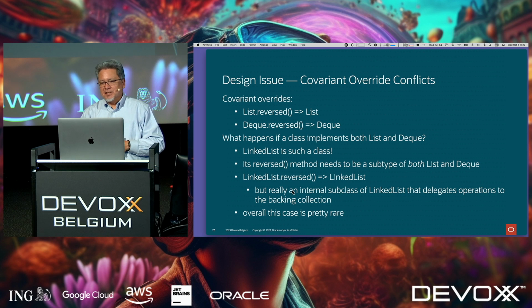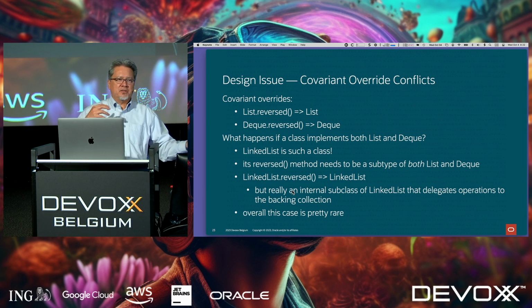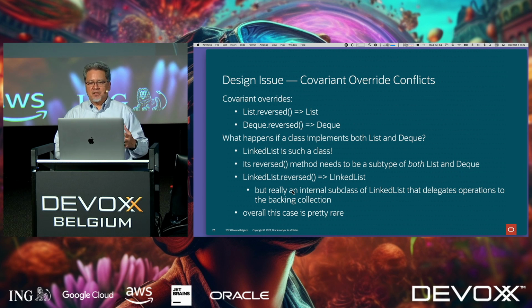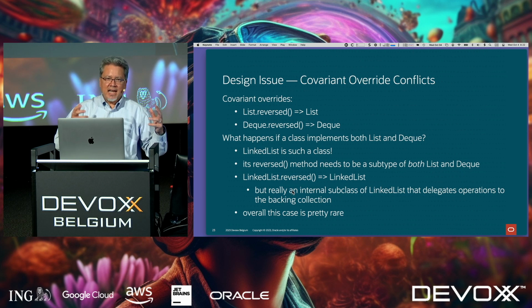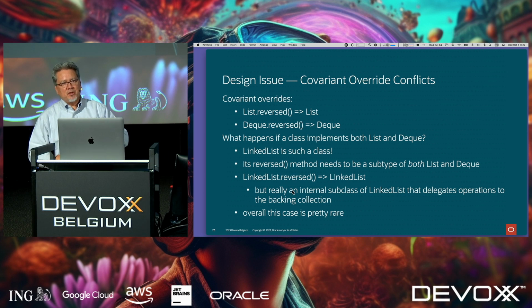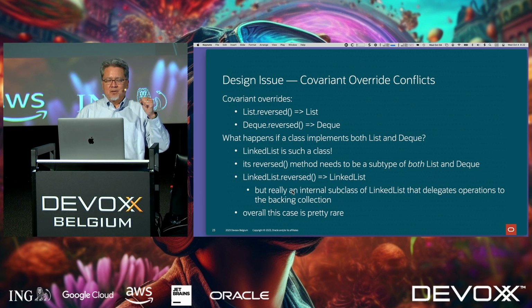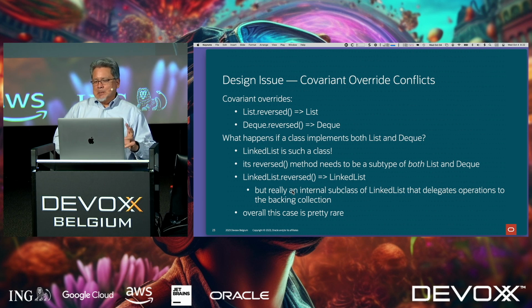The requirement is that the reversed method needs to return something. It can't be a List, and it can't be a Deque, because that would always conflict with the other one. So it needs to return a type that is both a List and a Deque. We could come up with a new interface that is both a List and a Deque, but it's not clear that it's worth it.